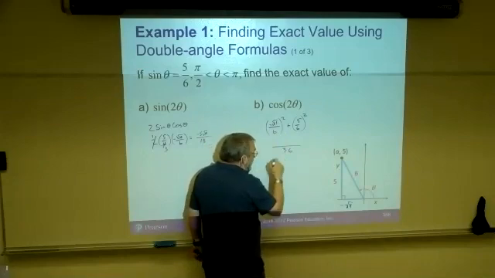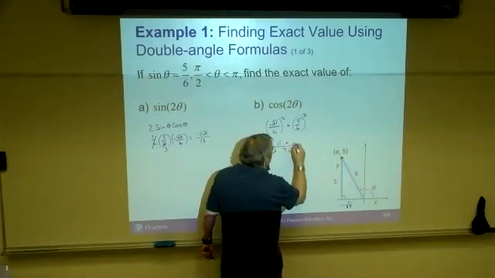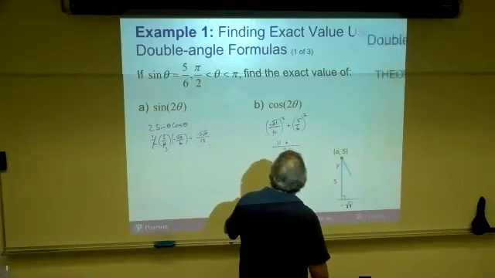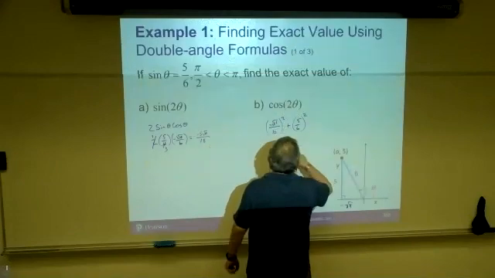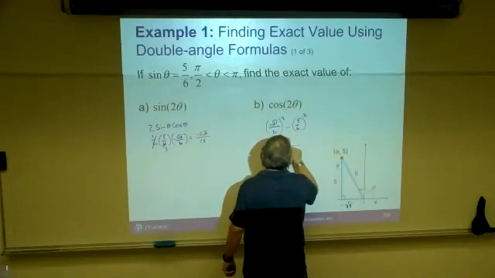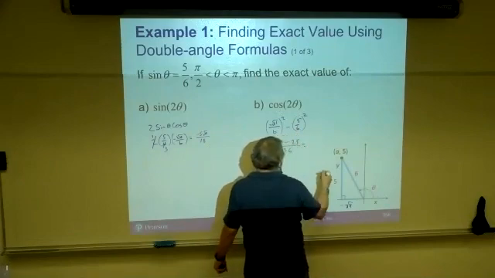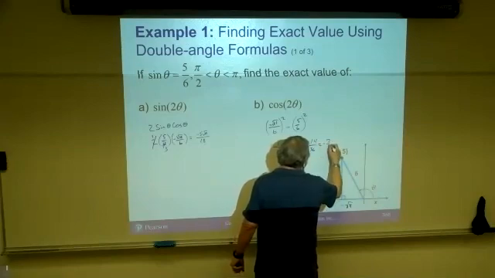Negative square root of 11 squared is positive 11. And 5 being squared is, was it plus? No, it's minus, right? Yeah, it's minus 25, which is what, 14? A negative 14/36, which reduces to a negative 7/18.